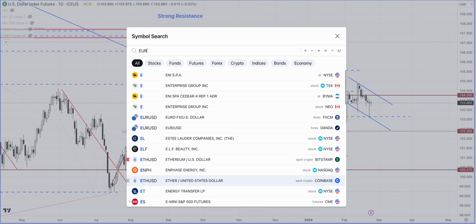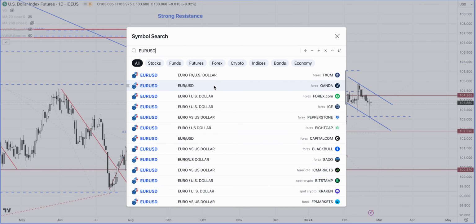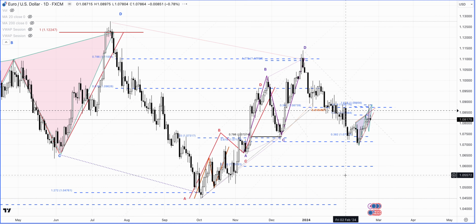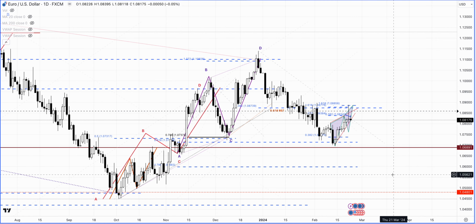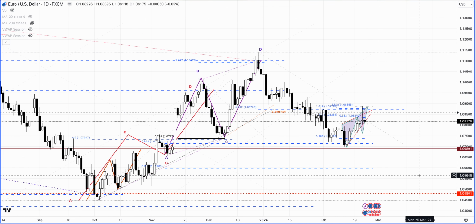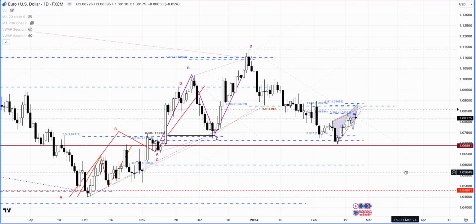Now let's take a look at the Euro USD. It's not a perfect mirror image of the dollar index, but in the dollar index, about 51% composition is actually the euro currency.